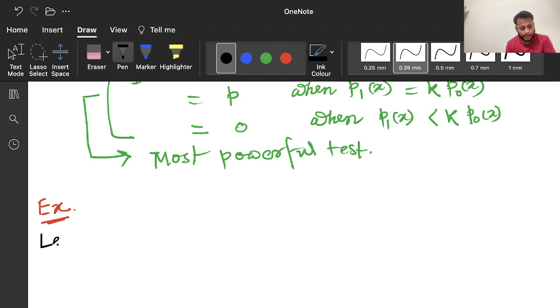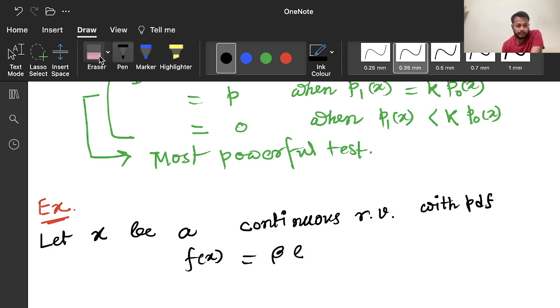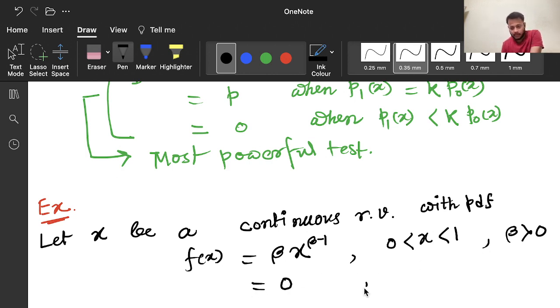So let X be a continuous random variable with PDF f(x) = beta x to the power beta minus 1, where x belongs to 0 to 1 and beta greater than 0, and it is 0 elsewhere.